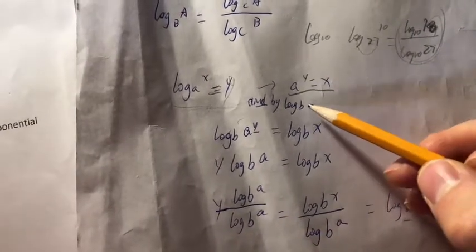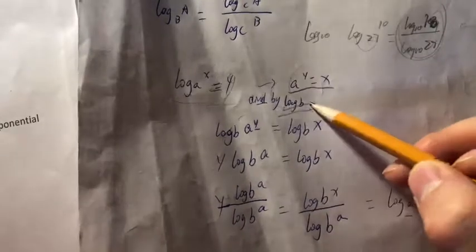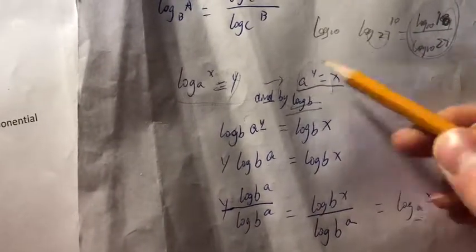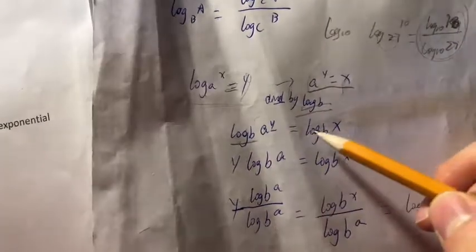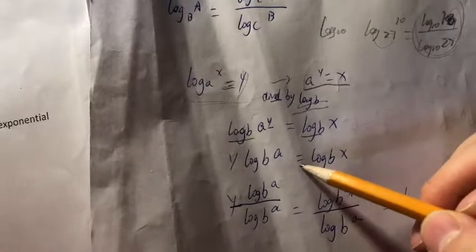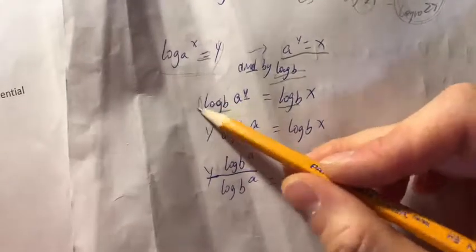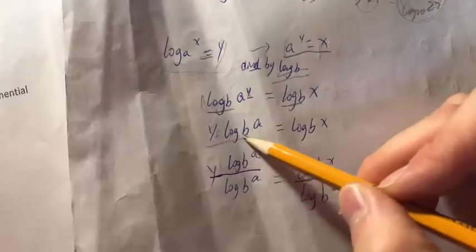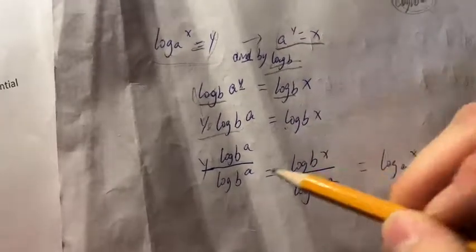And we all know that if this formula is divided by the same log, it's going to be the same value. So let's divide by log b on both sides. And we know the previous law, we can move the exponent into the front. So it's going to be y multiplied by log_b a, and log_b x.